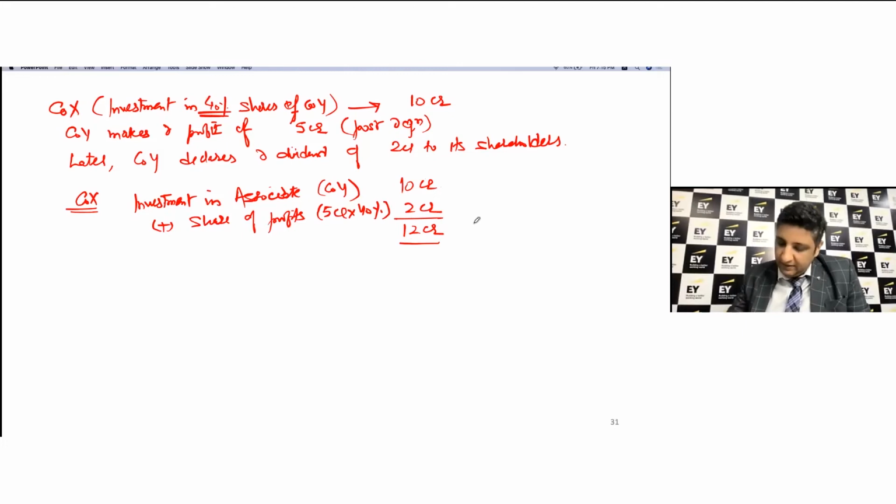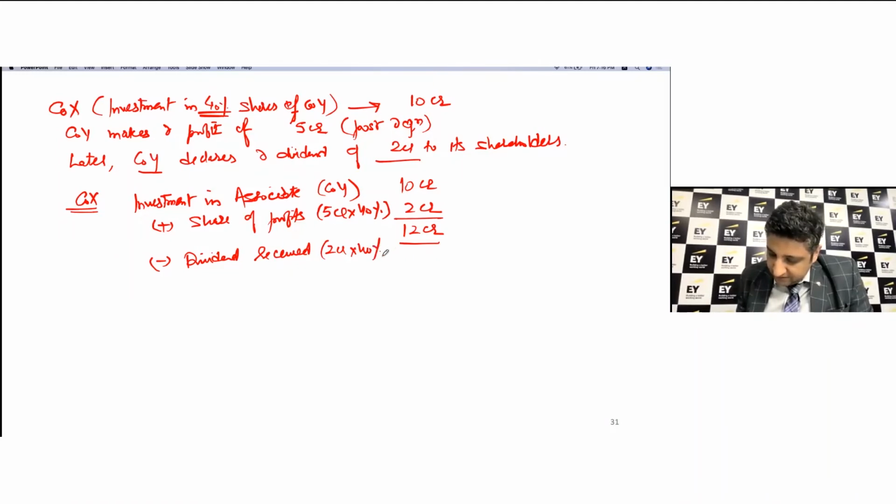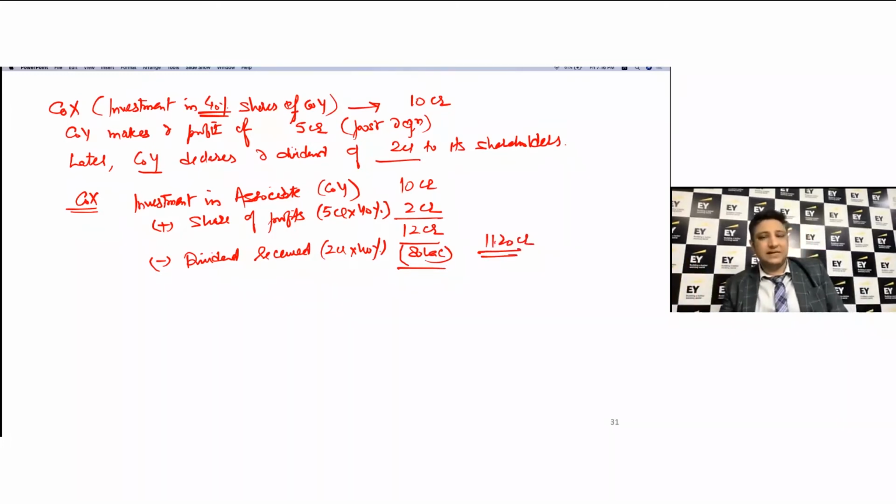But then the moment Y had declared a dividend of 2 crores, we would simply say that you have recovered some portion of the investment, which is 2 crore into 40%, which makes it 80 lakh. So effectively, your investment in that associate remains at 11.2 crores.